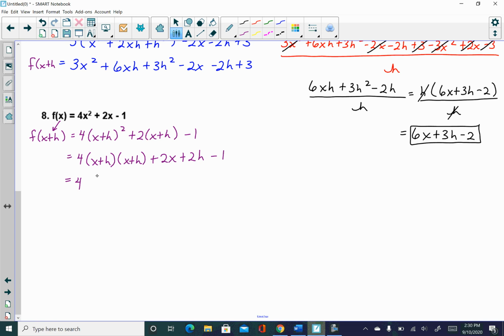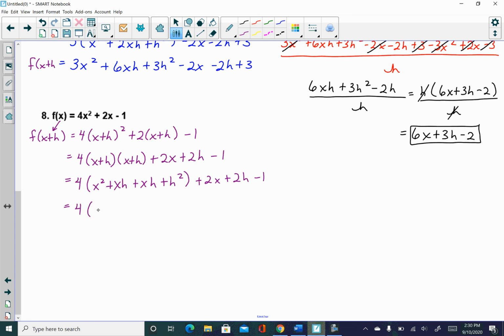Bring down the 4. I would FOIL now here. So x times x is x squared. Once you start doing enough of these, you're going to find that x plus h times x plus h is always going to be x squared plus xh plus xh plus h squared. It doesn't change. I'm going to burn an extra step here.